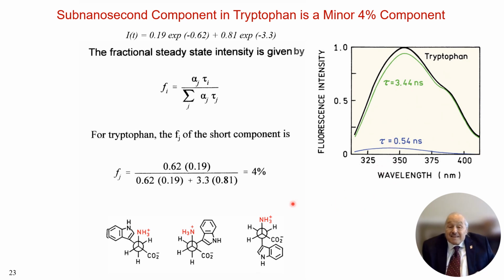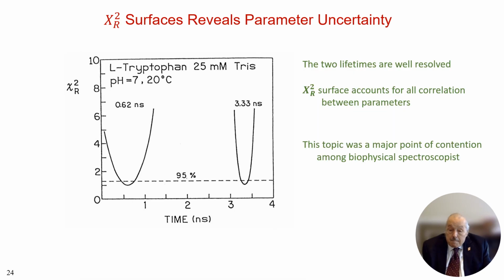So the good thing is it shows you how good the frequency domain method is for recovering minor contributions in a decay. And it's probably due to which conformation the tryptophan is in. The bad thing is I think we spend too much time on it at the Biophysical Society meetings.